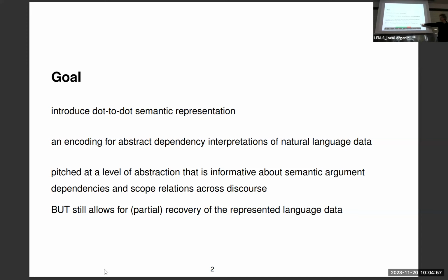But I still want to be able to recover the language data. This is very important for me because I want to easily get back to the language data to know that these representations are really valid. This is a crucial consideration. I must be able to understand my pictures. Otherwise, what are they showing?